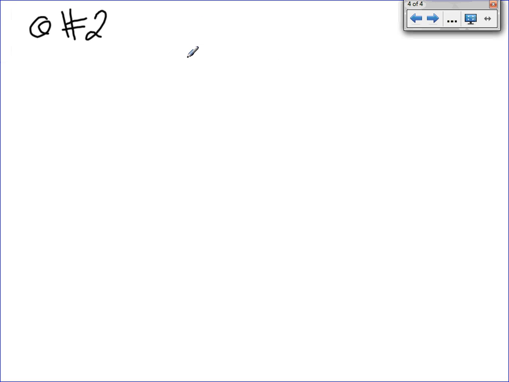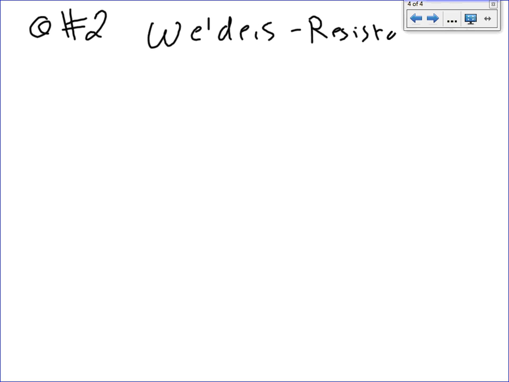Okay, resistance welders. It's the welders, right? So Brad doesn't yell at me. And this type of welder, guys, is called resistance. Don't ask me too much what's the difference between them.